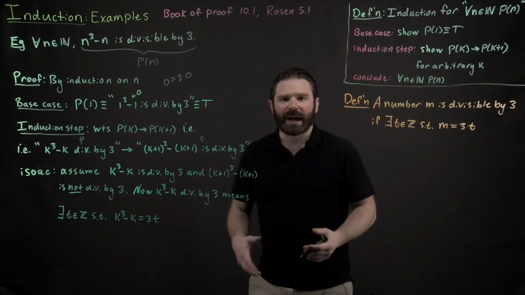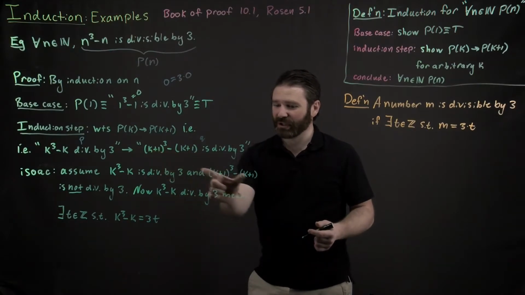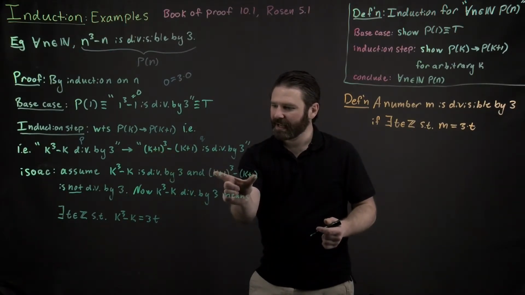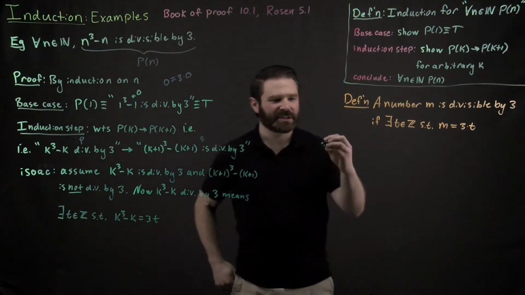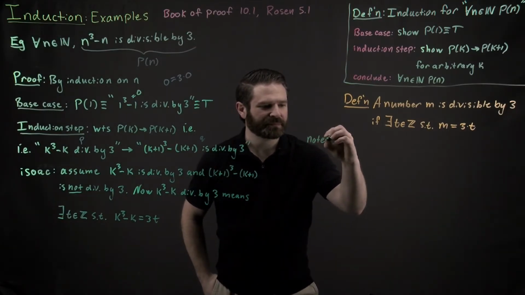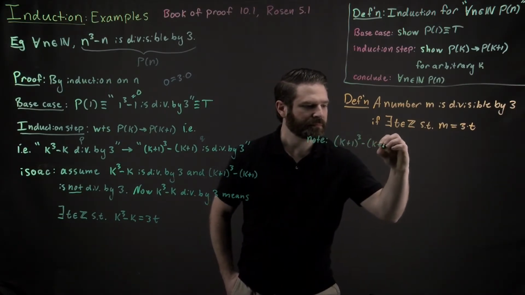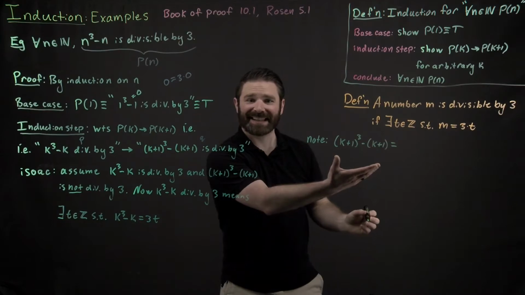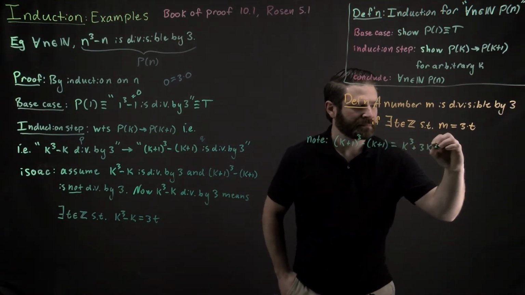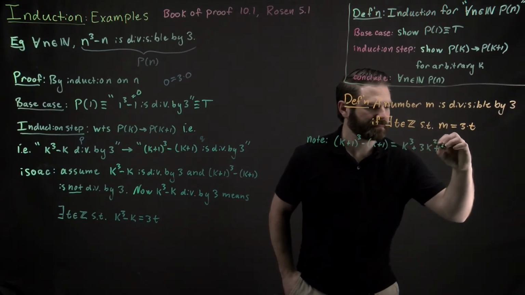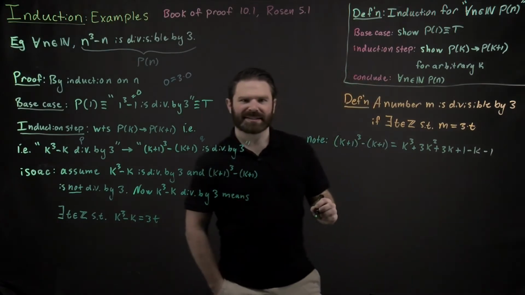And then the rest of the proof actually proceeds very similarly to how it did in the previous one. So we take a look at this part because we assume that that is not divisible by 3 and see if we can derive a contradiction. So we notice, if we go ahead and expand that thing out just like we did last time, this is looking very familiar.